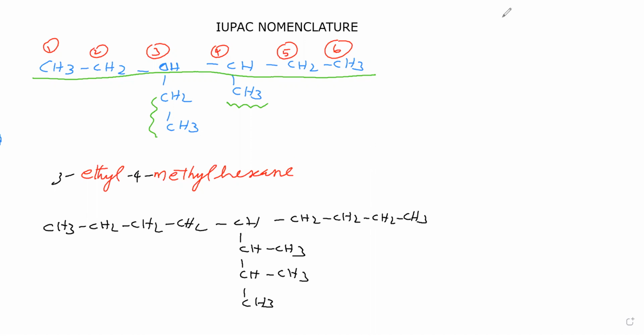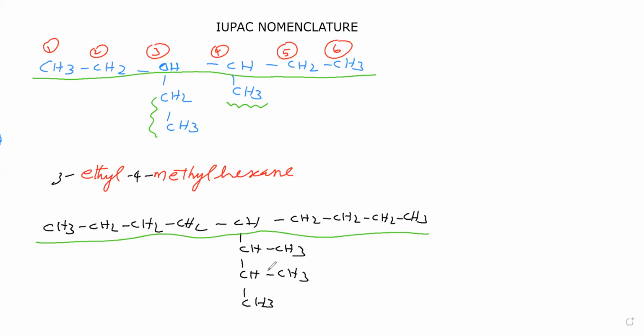Now let us select the parent chain. The parent chain is a straight chain. Now we will see about the branch. This is the branch. In the branch, this is not a simple one.